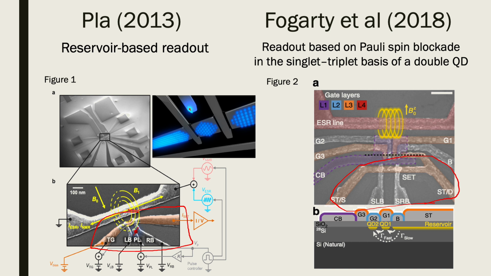The main difference is that electrons are populated into the two quantum dots, quantum dot 1 and quantum dot 2, using positive voltages on gate 1 and gate 2, which is represented here in Figure 2a.